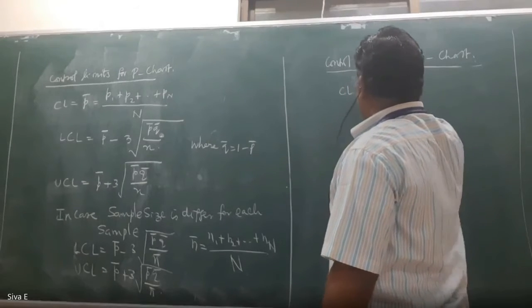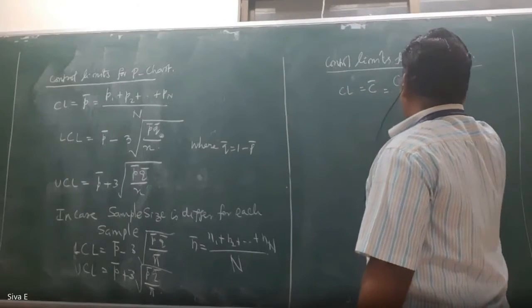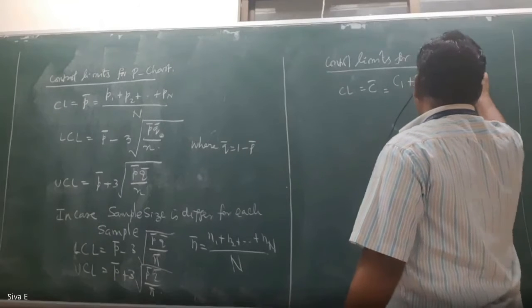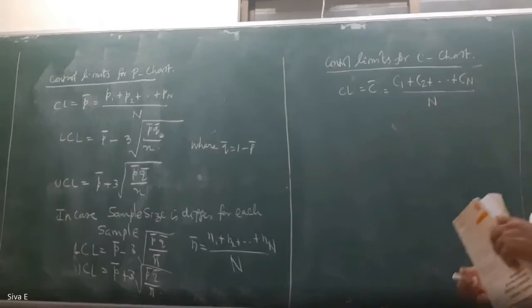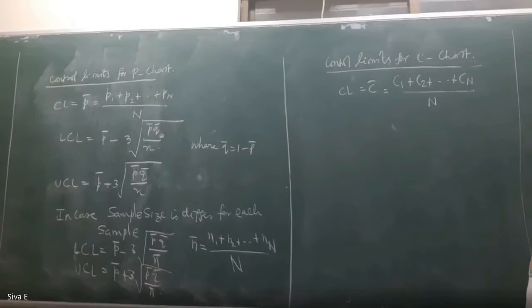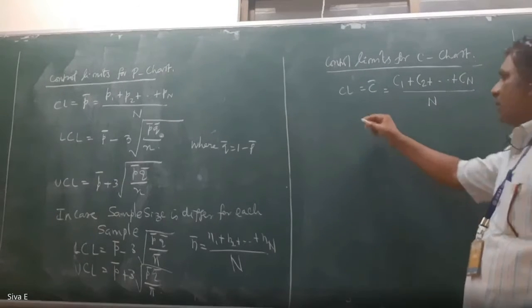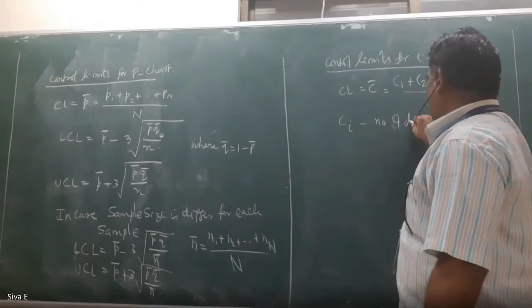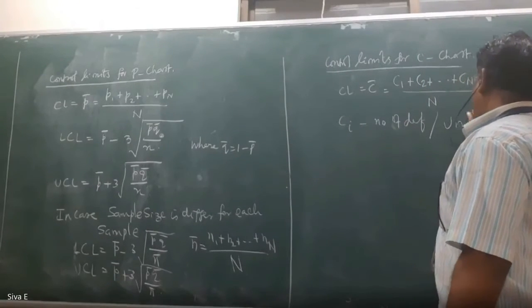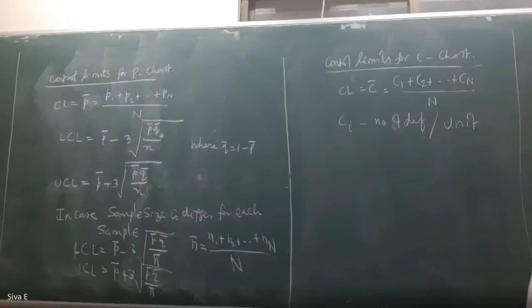CL is C bar, which is C1 plus C2 plus up to Cn by n, where Ci is the number of defectives per unit.